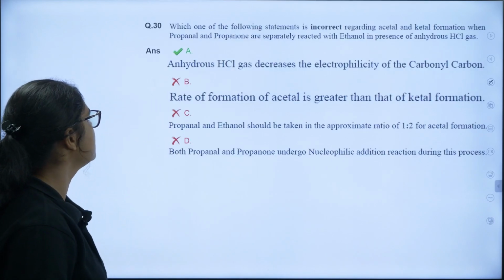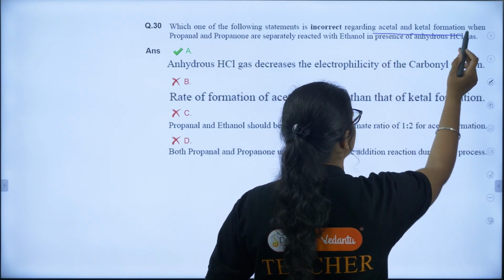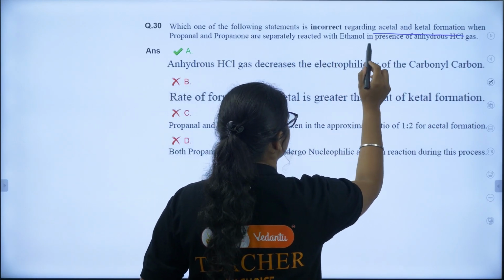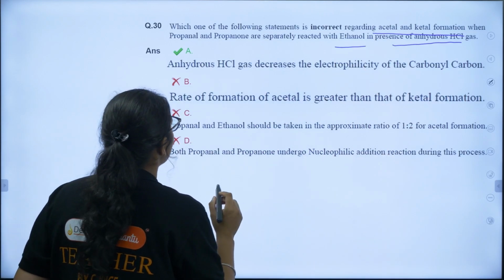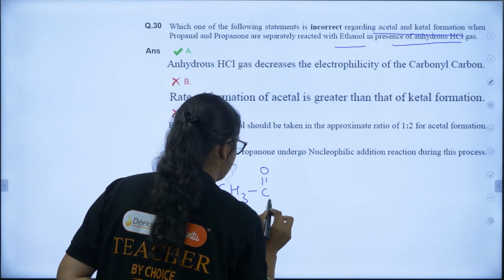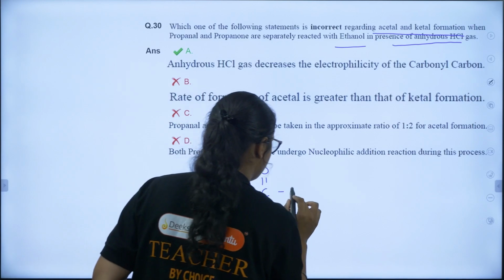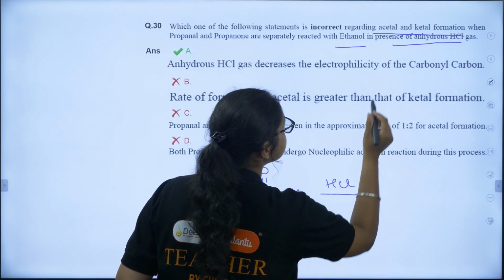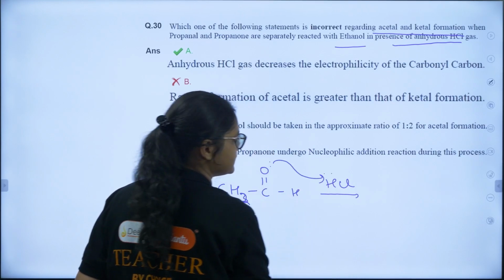Okay. Next question. Which one of the following statements is incorrect regarding the acetal and ketal formation when propanal and propanone are separately reacted with ethanol in presence of anhydrous HCl? So if we have the reaction of propanal, in presence of HCl, what happens is this O takes this H plus, right?